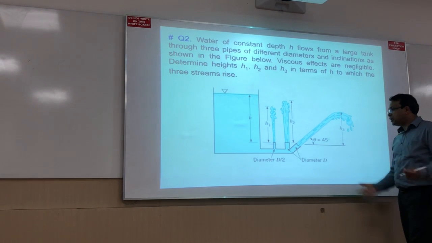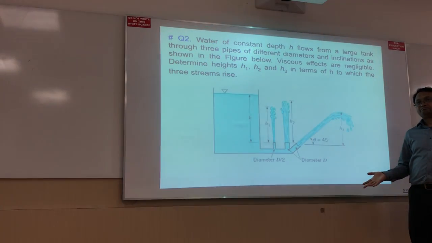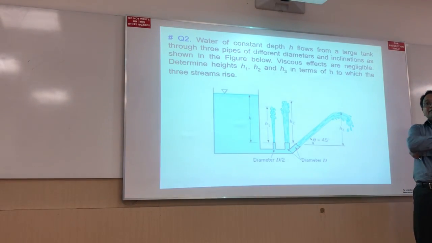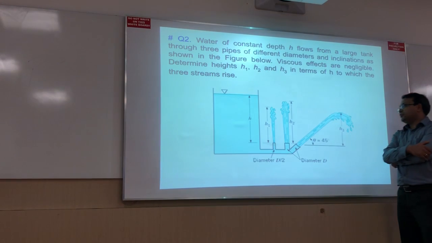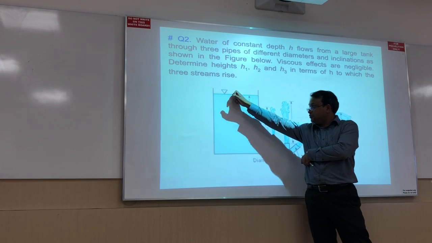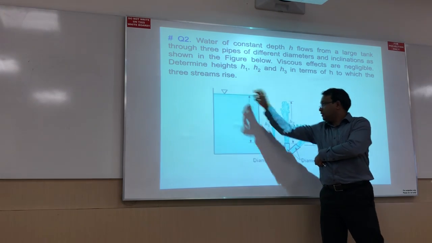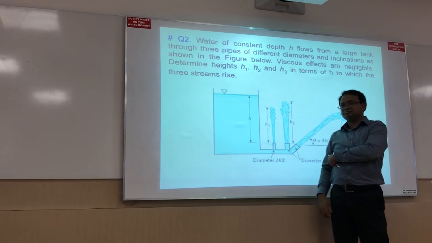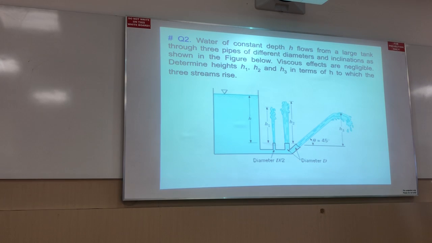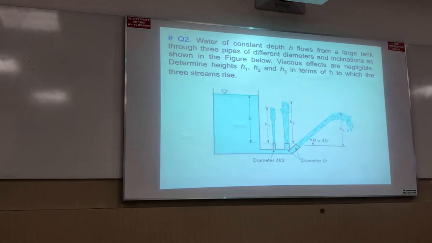I know what is the pressure, what is the velocity. Now I can apply Bernoulli's equation. Very good. I can apply Bernoulli's equation between here and here, no problem. Then you can solve it. So at that point, I have to choose the reference point. Number 1 is the reference line.